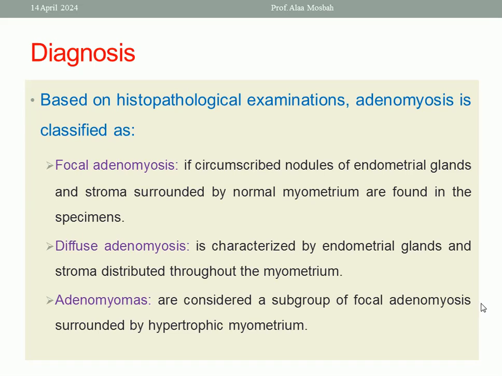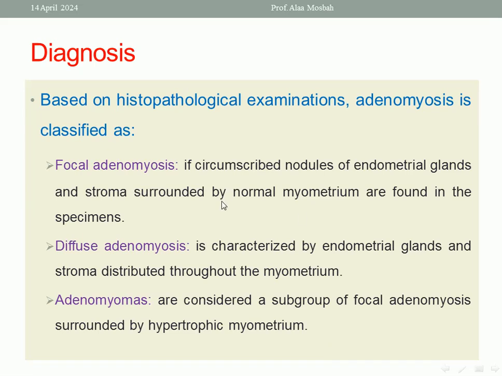This is the difference. While in focal adenomyosis, we said it is surrounded by normal myometrium. So if it is endometrial glands and stroma surrounded by hypertrophic myometrium, we call it adenomyoma. Okay?